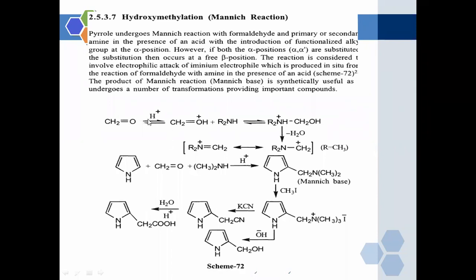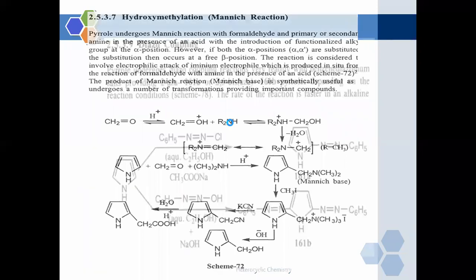So when the formaldehyde reacts with an amine, there is formation of an iminium electrophile, and this iminium electrophile will directly attack at the position number 2 of the pyrrole molecule to give hydroxymethylation at the carbon number 2 position. And if the second position is blocked with any functional group, then only the hydroxymethylation will happen at the beta position, that is at the third position of the pyrrole ring.